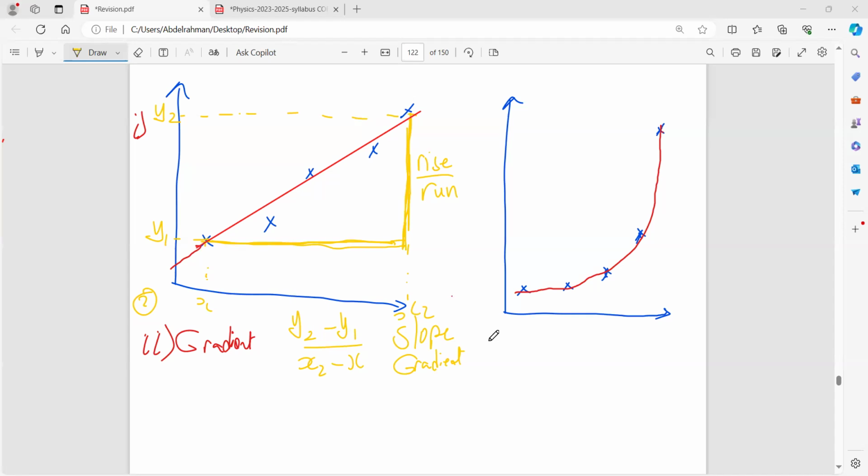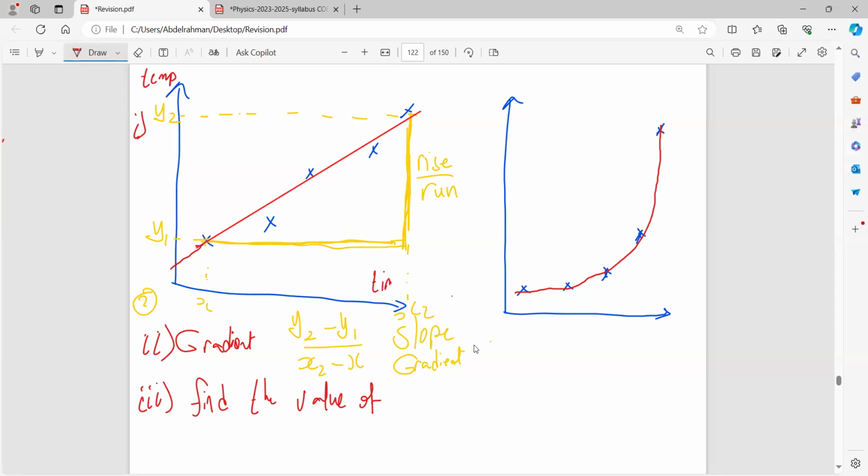Another question for this specific graph, he could tell you, part iii, for example, find the value of y. Let's say this is the temperature and this is the time.